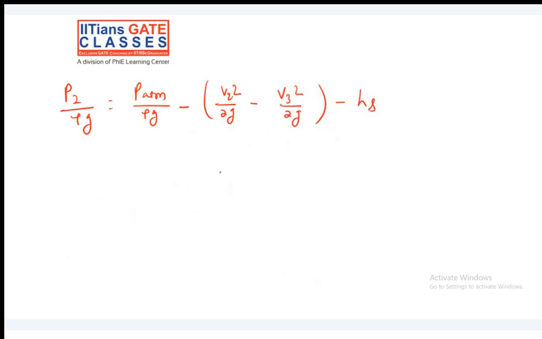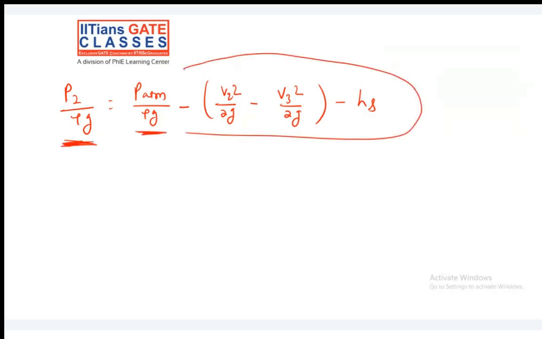Can you see one thing, that the runner pressure, this is the pressure at the outlet of the runner, is less than the atmospheric pressure.